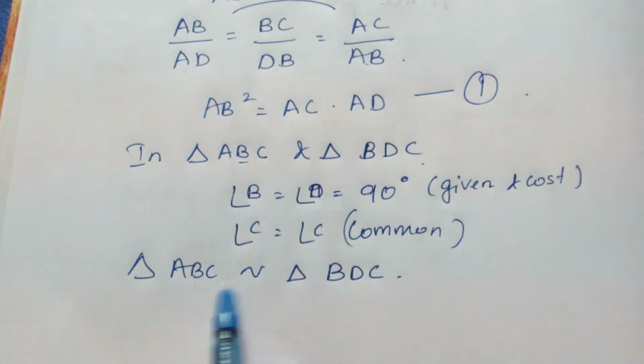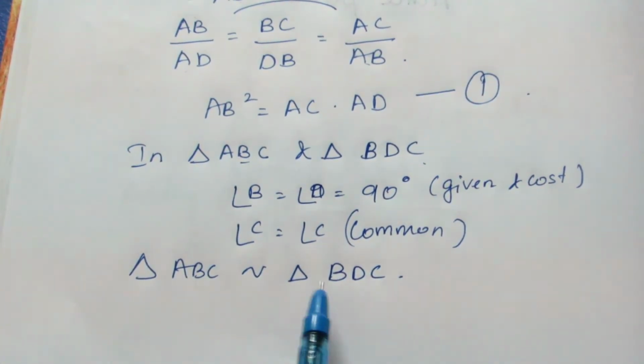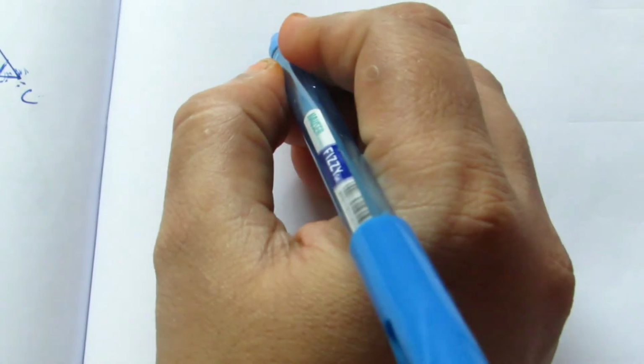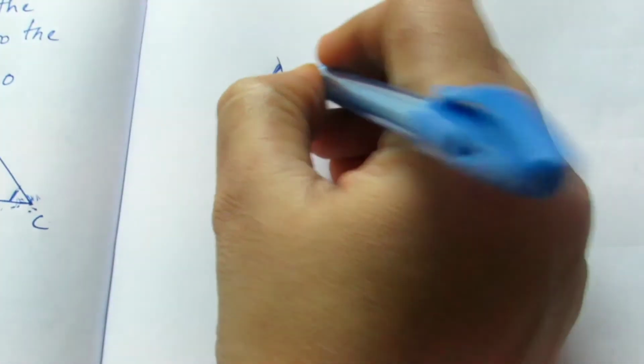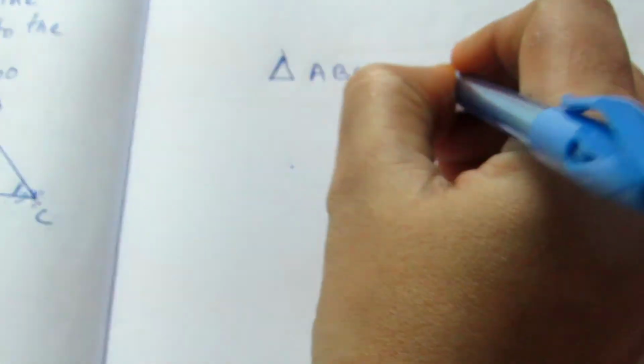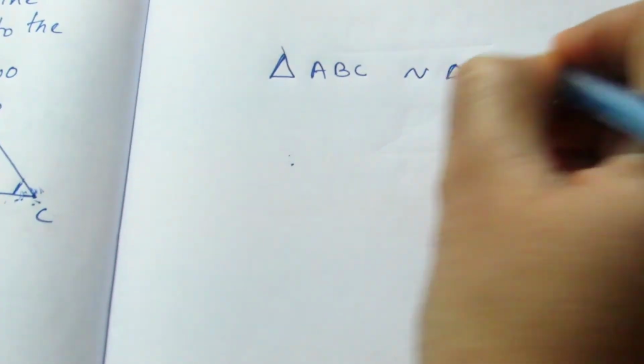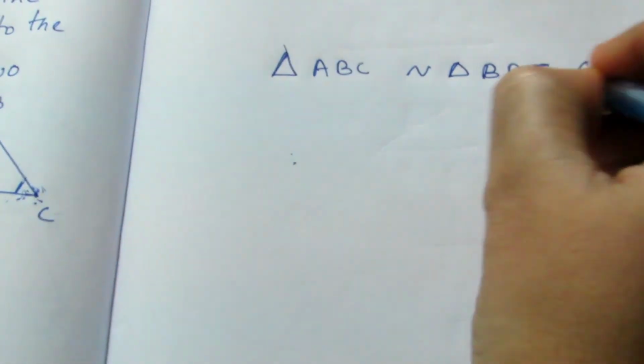Now we are going to write the sides in ratio for similar triangles. Triangle ABC is similar to triangle BDC by AA similarity.